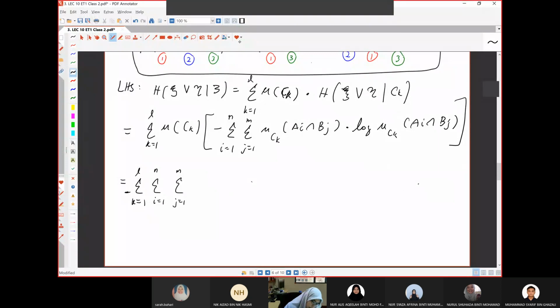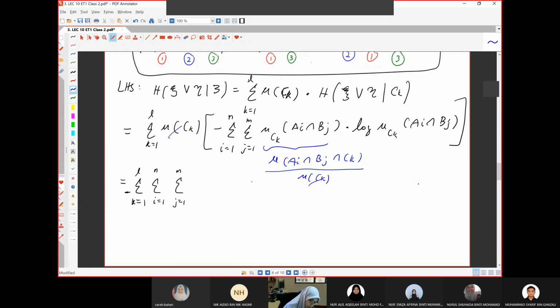Right, we have to simplify this. So mu AI intersect BJ, what does this mean? Intersect CK over mu CK. And then I can cancel mu CK and mu CK.